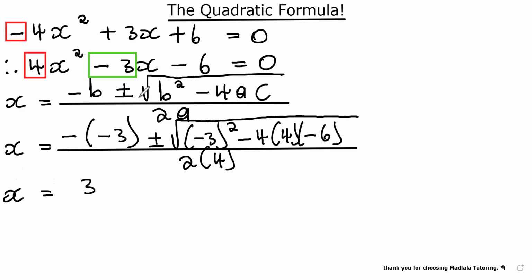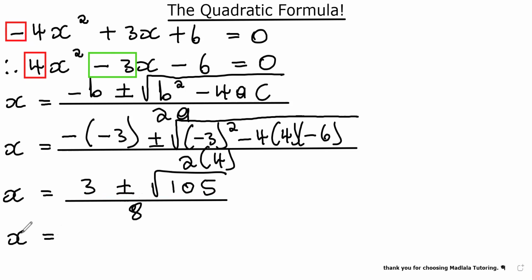So here we have a positive 3, and then we have plus or minus the square root of what? When I go to my calculator and say negative 3 squared minus 4 into 4 into negative 6, I simply get 105. Then I say, well, this entire thing is divided by 8.